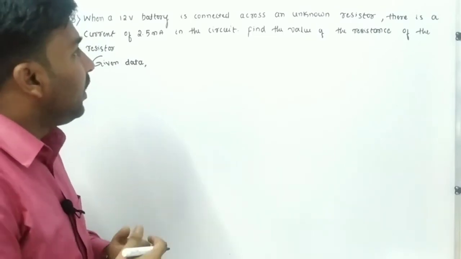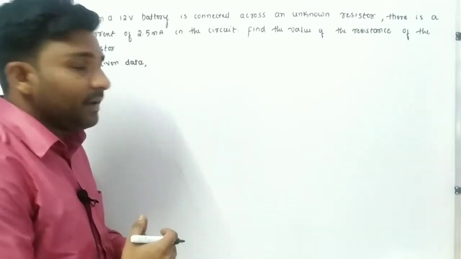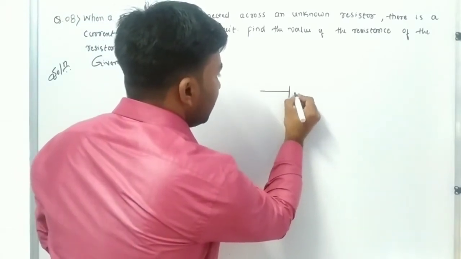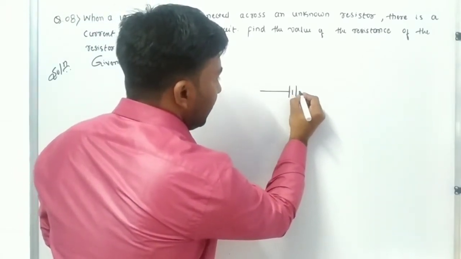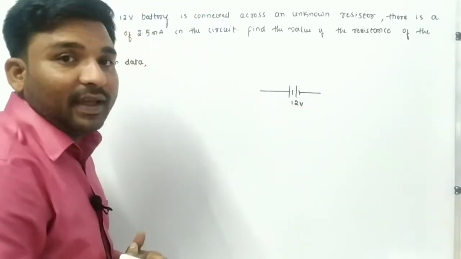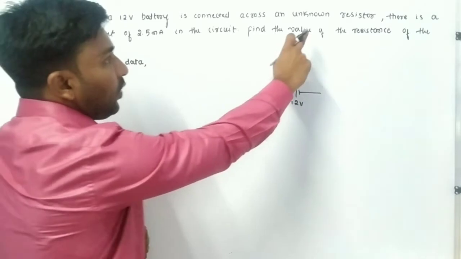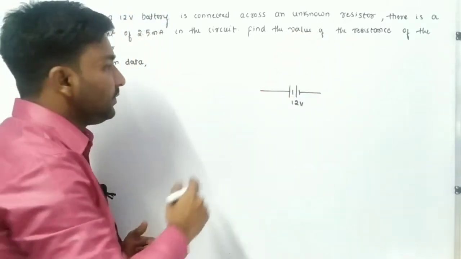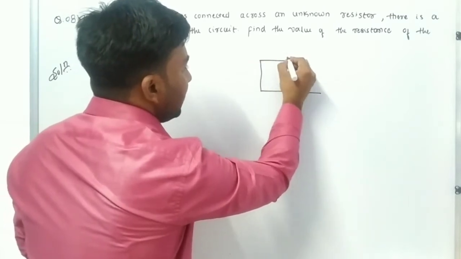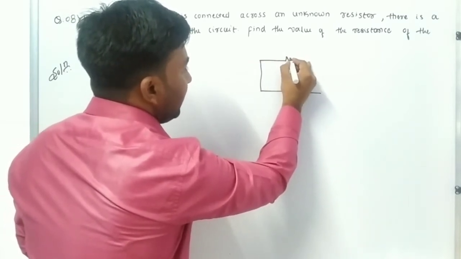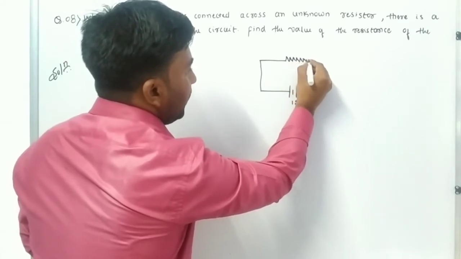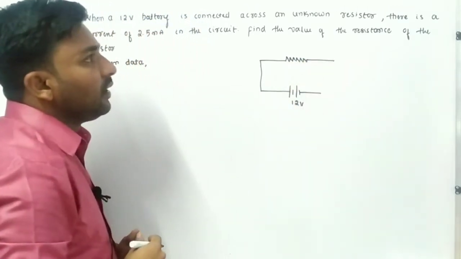So here we have a 12-volt battery which is connected across an unknown resistor, right?